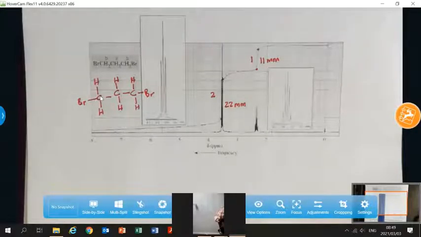So let's look a bit more closely at what I just said. I'll pick this particular hydrogen here and see what it's next to. This hydrogen is bonded to a carbon that's bonded to a bromine, a hydrogen, and then this CH2Br group. And if I take this particular hydrogen, it's bonded to a bromine, it's bonded to a hydrogen, and it's bonded to this CH2Br group.